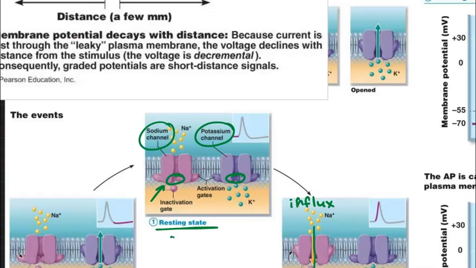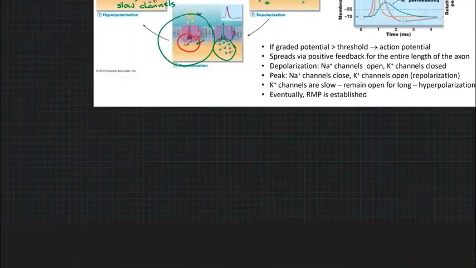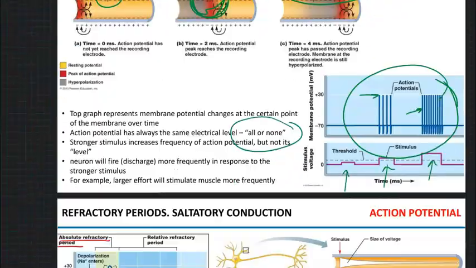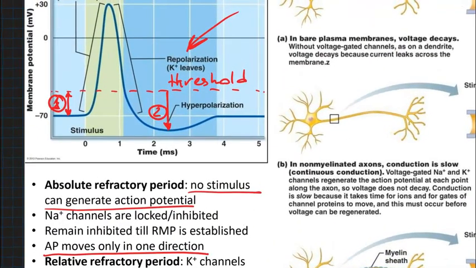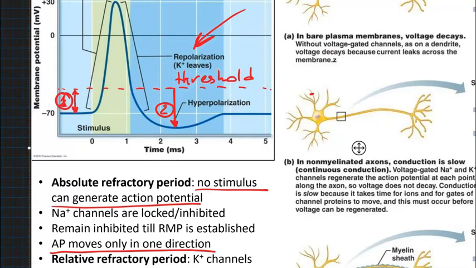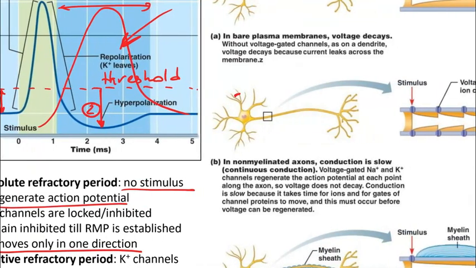Stronger stimulus, you are absolutely correct. Great note. I was thinking about something else. Because if the stimulus is strong, it can generate an action potential right here. Correct. So that period is called the relative refractory period. So please know the difference between the two, what determines them.